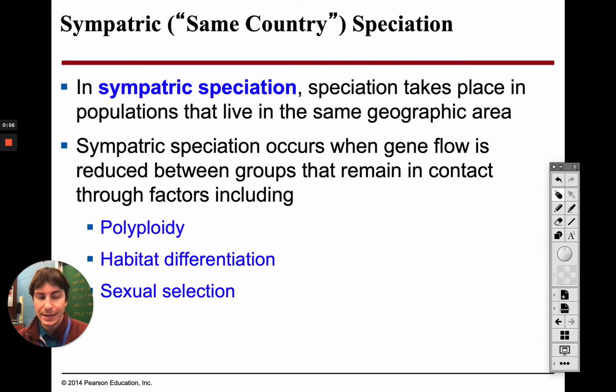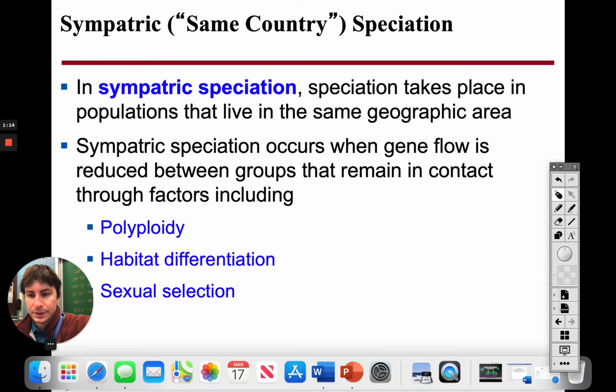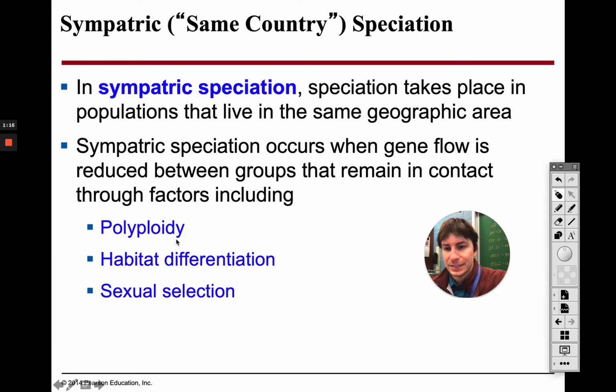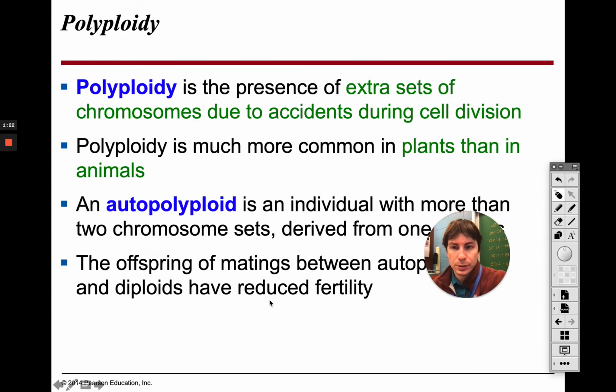We still might get some kind of child off of the mating. However, that offspring might have decreased fertility. It might not be able to reproduce at all. So we're going to go over some different things here with reproductive isolation. We'll go over polyploidy, habitat differentiation, and then sexual selection.